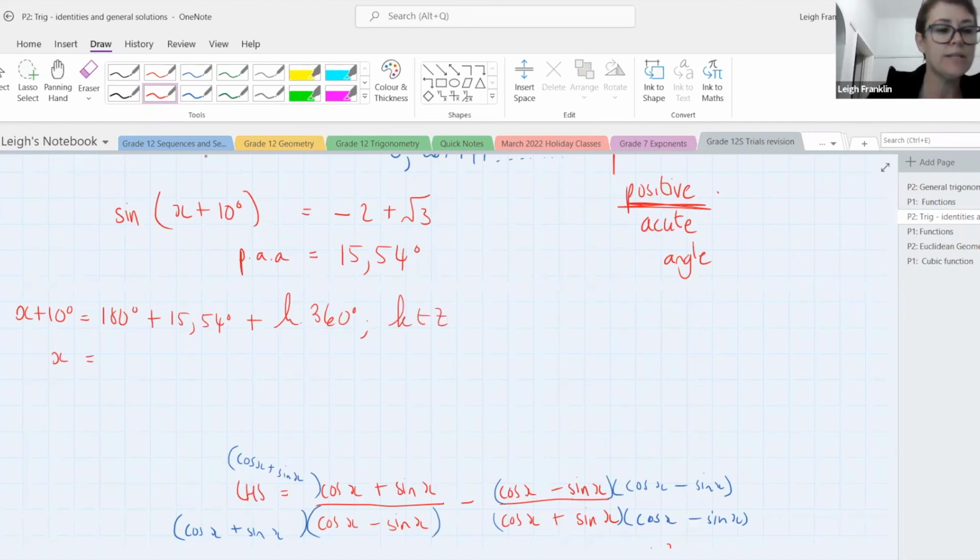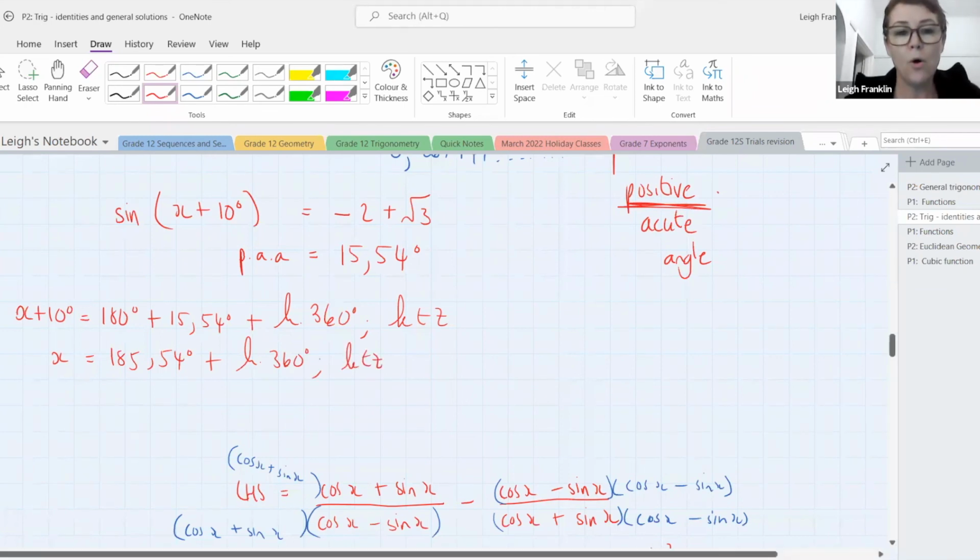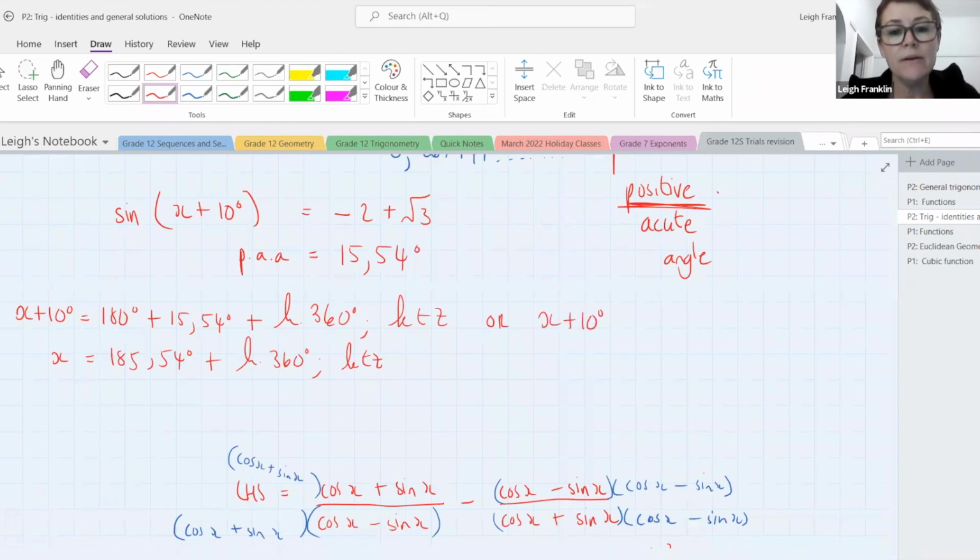Now we've got to take the 10 over to the other side, and this would leave us with 185,54 plus k times 360. Or quadrant 4, our angle x plus 10 is equal to 360 minus our PAA.